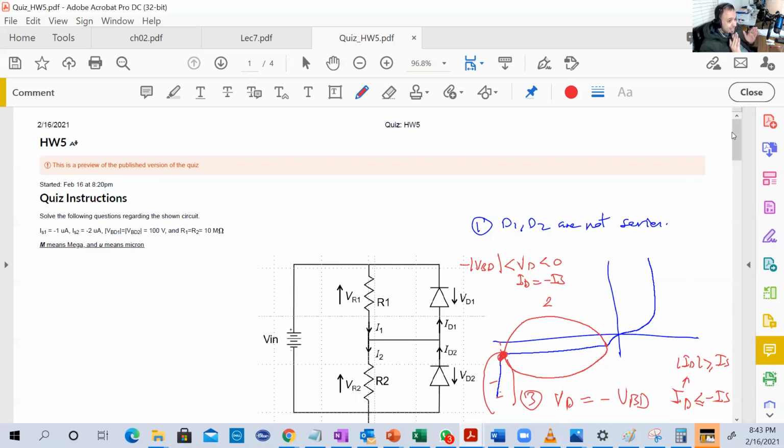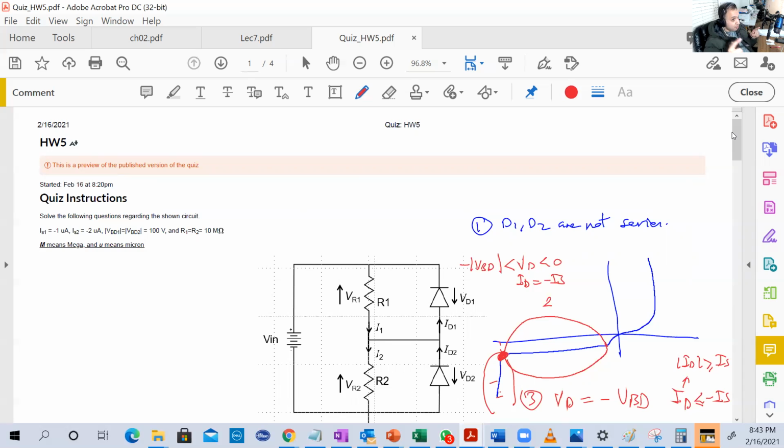So at this minimum input, D1 will be operating at that point. So at that point, VD is equal to minus V breakdown, and the ID equal to minus IS. You may say, but this is region 2.